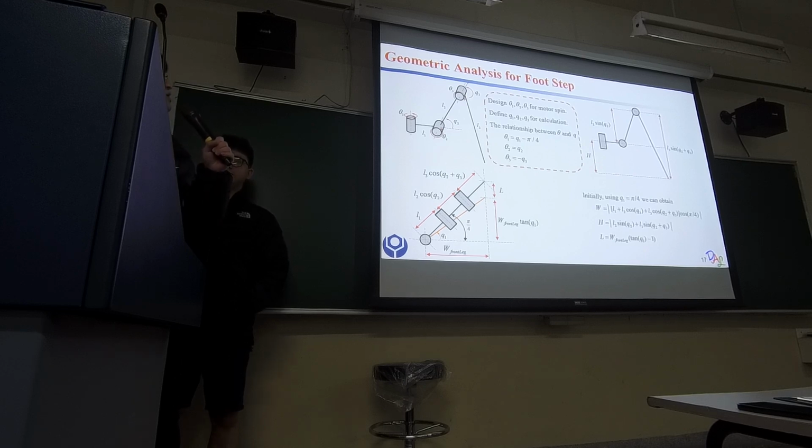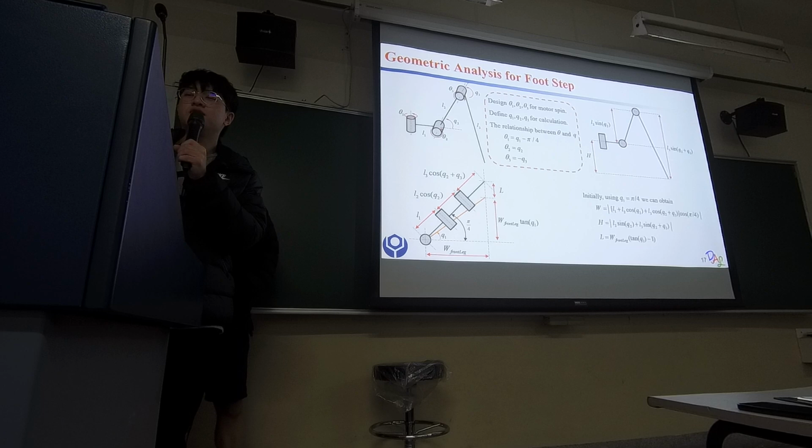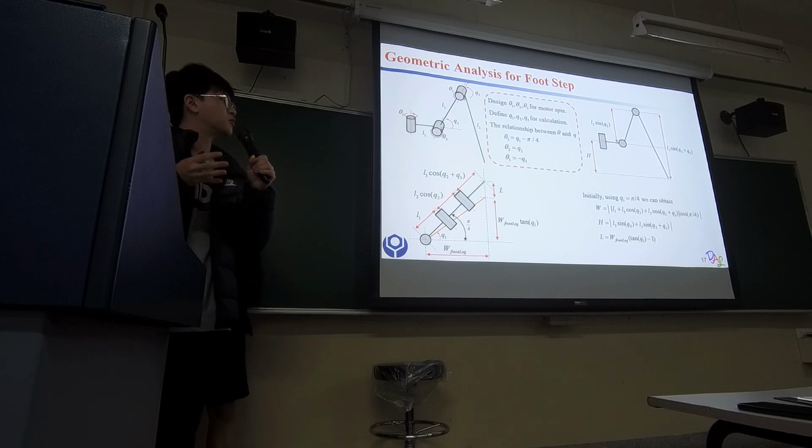That's why we must design the moving theta for our motor spin. Once we design the moving theta, we have to define the calculation Q1, Q2, Q3 for the geometry analysis. This is the relationship between theta and Q, just for the motor calculation to be suitable.